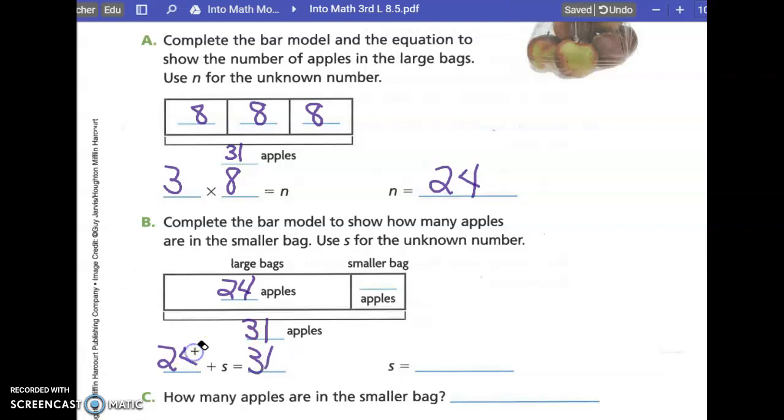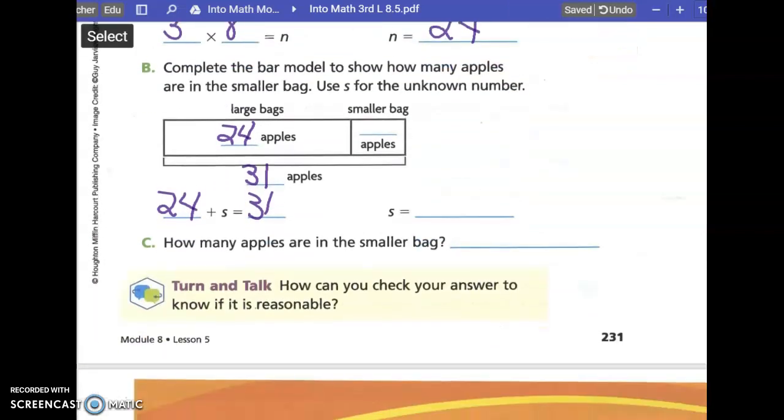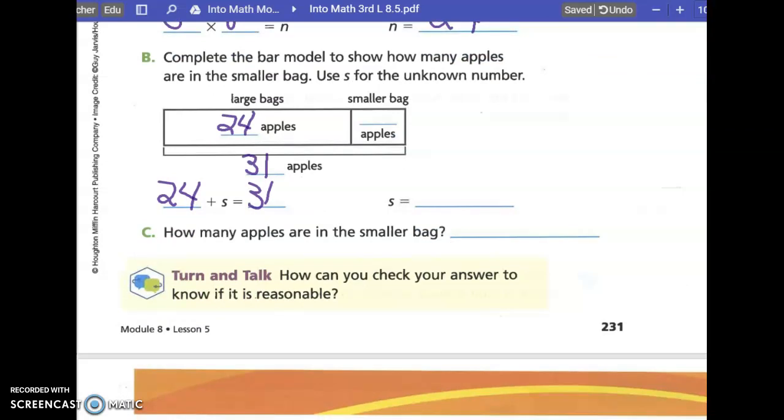How are we going to find out what S is? We're going to have to do an inverse operation, aren't we? We are going to subtract. What are we going to subtract, Hudson? 31 minus 24 equals S.